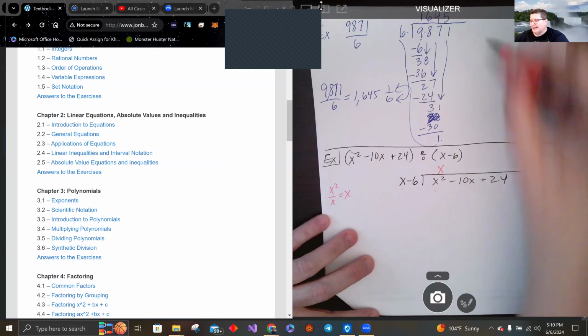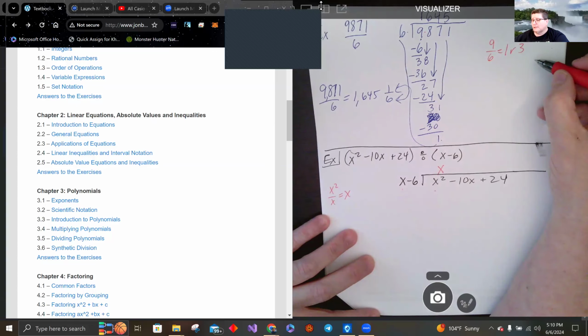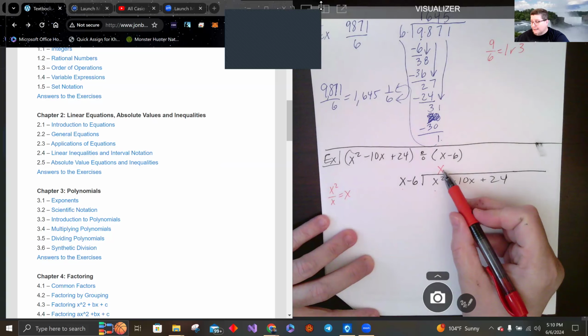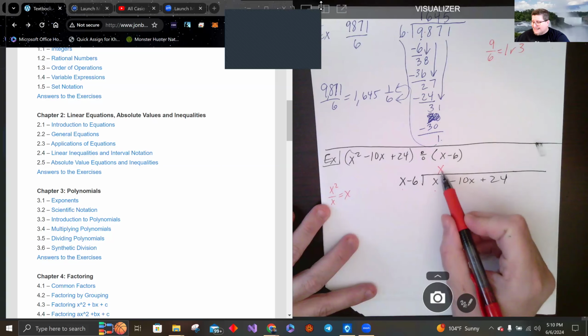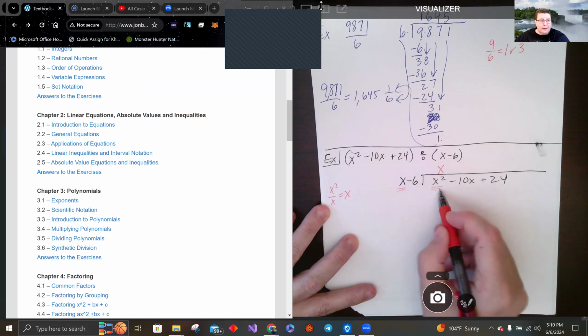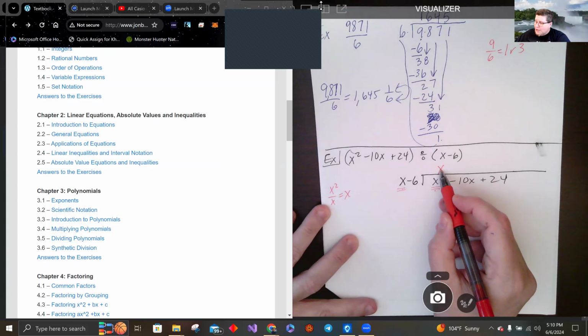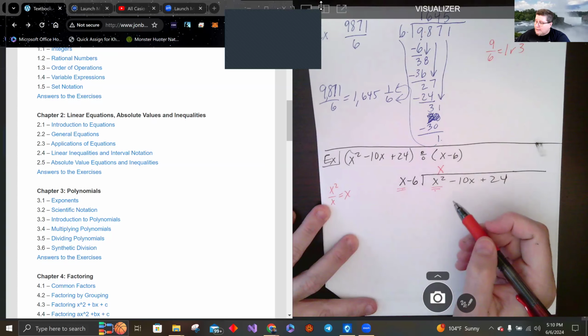Up here, if I did 9 over 6, I would get 1 with remainder 3. Here, I don't have a remainder. We're going to take this, and you're only matching up the leading terms. That's what I meant by match up the leading terms, and it should happen perfectly when we multiply.